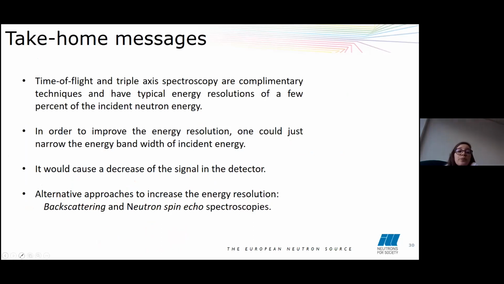In order to improve the energy resolution, we could just narrow the energy band of incident energy, but it would cause a decrease of the signal in the detector. So there are alternative approaches to increase this energy resolution, which are the techniques backscattering and neutron spin echo, which Giacomo is going to talk about after.